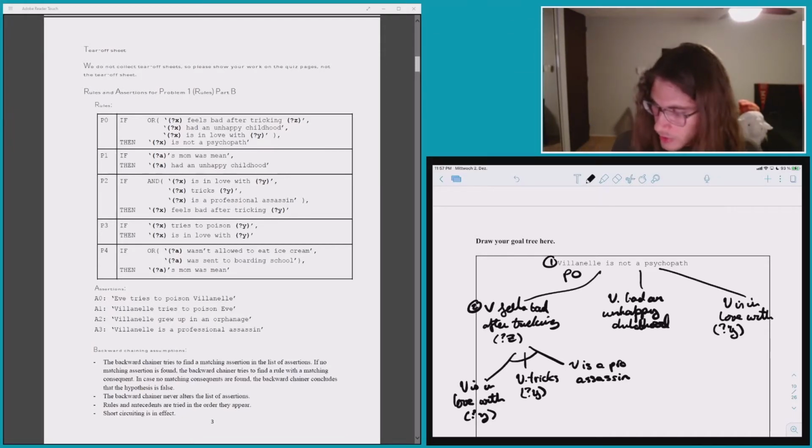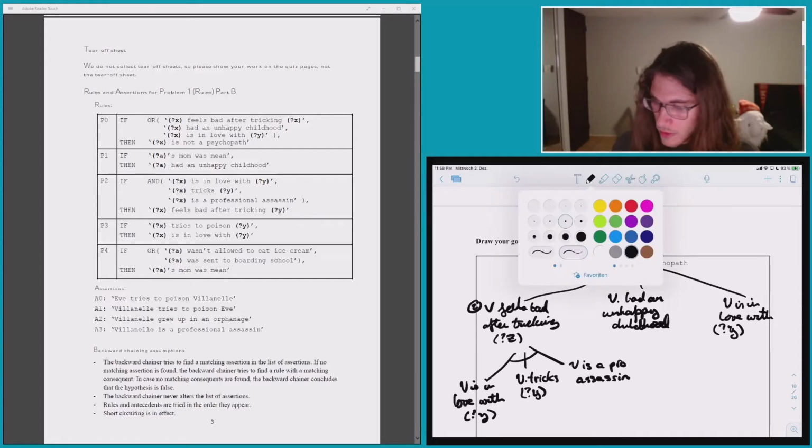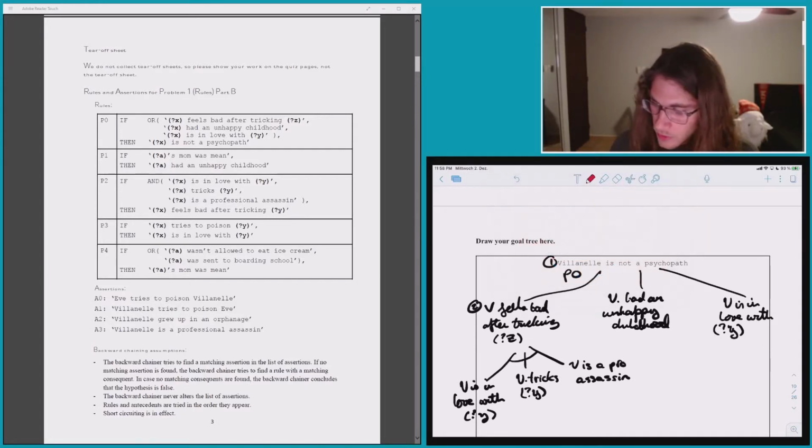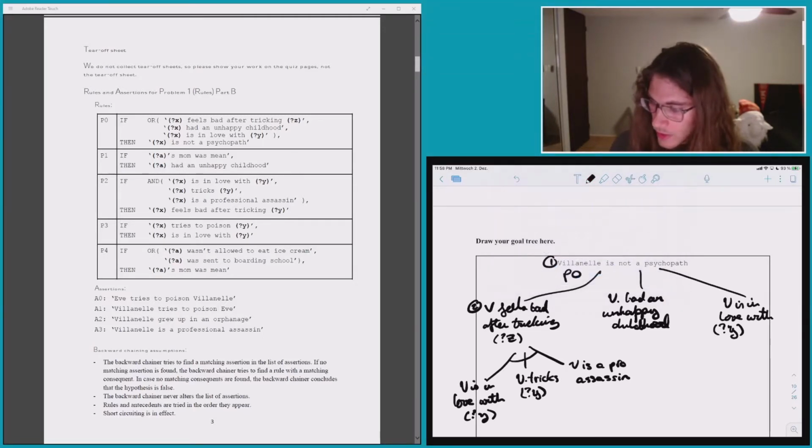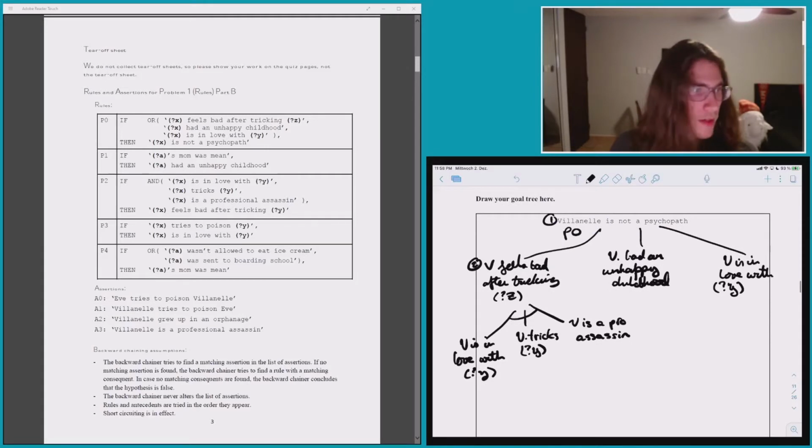And so here comes an important concept that I briefly touched upon in the rule-based systems recitation in the matrix example. We have V is in love with Y, and I could go ahead and bind Y to something if... actually, I wouldn't bind Y to something because there's no assertion that would satisfy it. I would just match it with P3 and continue expanding.